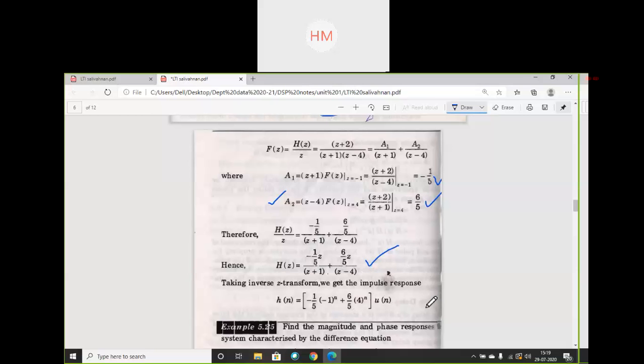So shall we move ahead, or should I wait for a few seconds? Okay, so simplifying the next numerical, write down the next numerical.